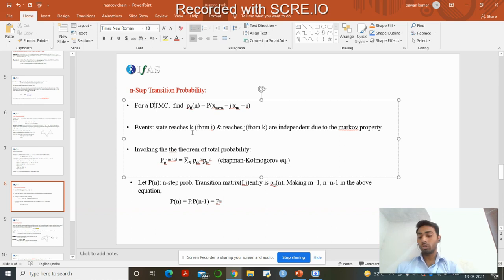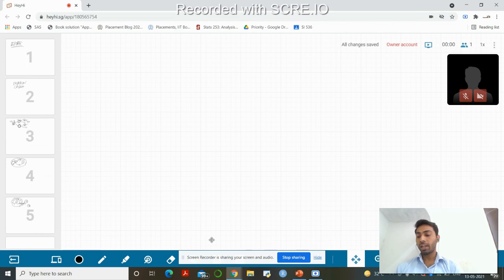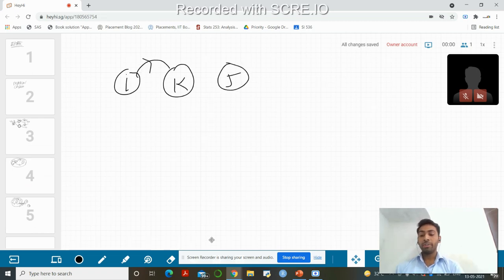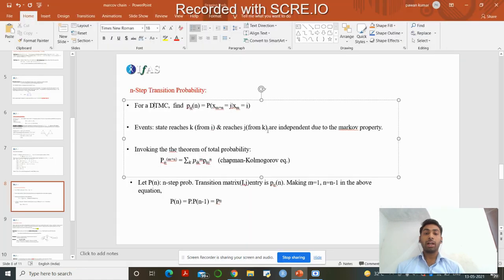What is the meaning of this? We are at state space i. This is k and this is j. So we reach k from i and we reach j from k. These are all independent because of the Markov property. It depends only on the present value, not on the past value.